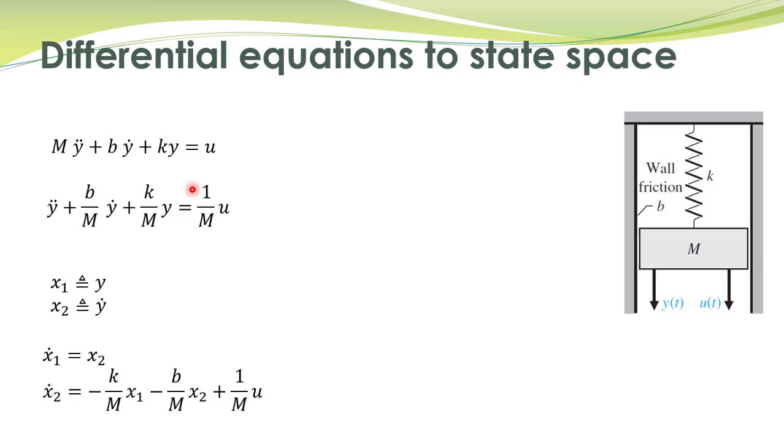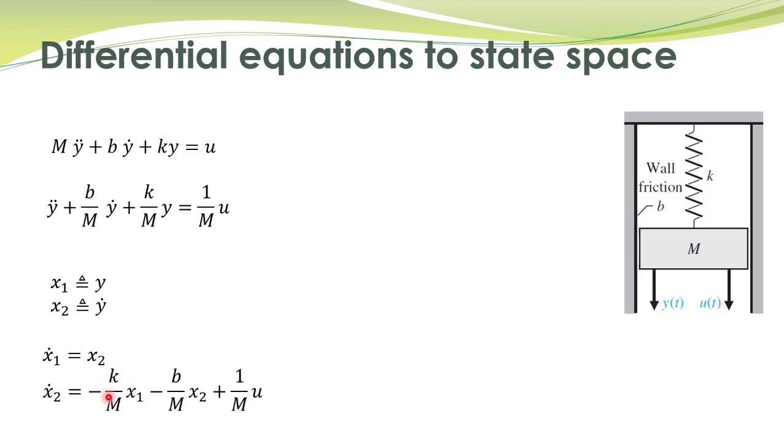y double dot will be equal to 1 by m multiplied by u, that is written over here, minus this term brought to the right hand side will be minus k over m multiplied by y, and this y we have given another name, that is equal to x1.